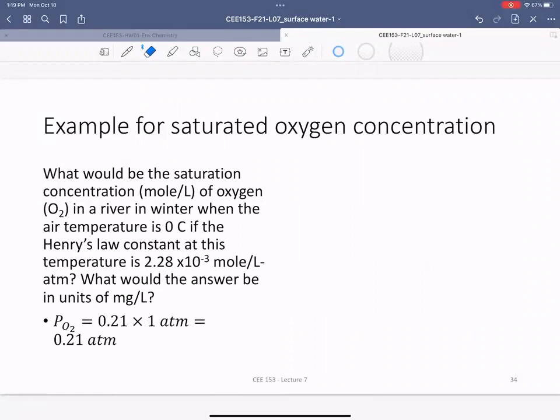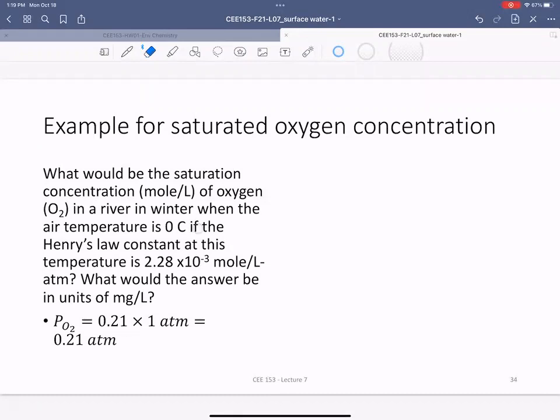All right, so let's calculate an example. Now that you learned the concept, let's learn how to calculate the total amount of oxygen that can dissolve in water at certain conditions. The question is, what would be the saturation concentration in moles per liter of oxygen in a river in winter when the air temperature is 0 degrees Celsius?